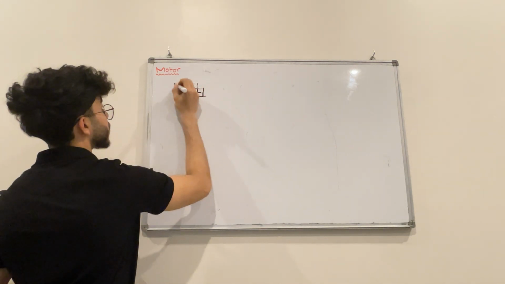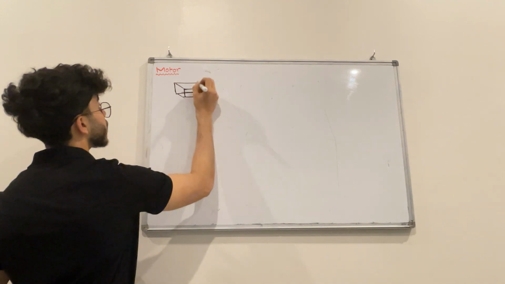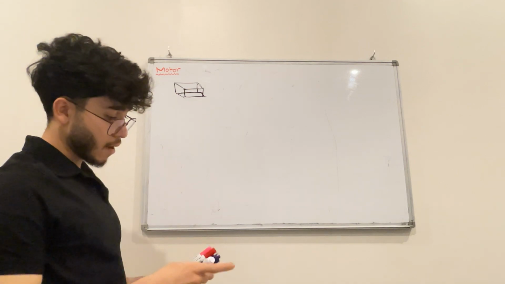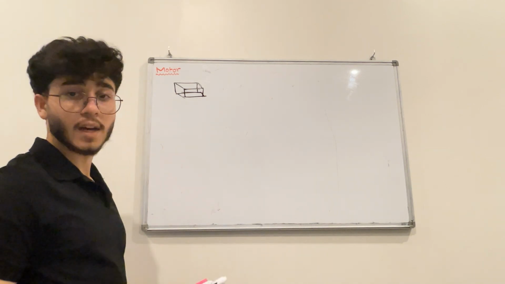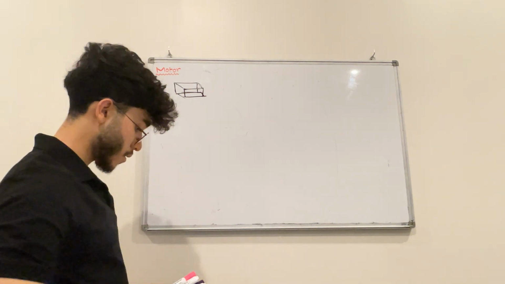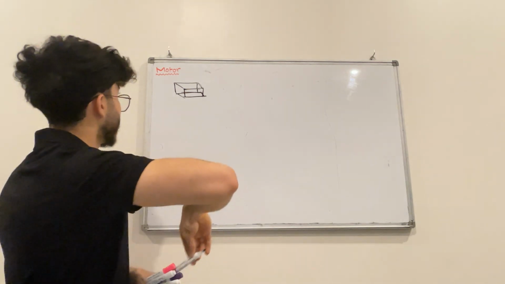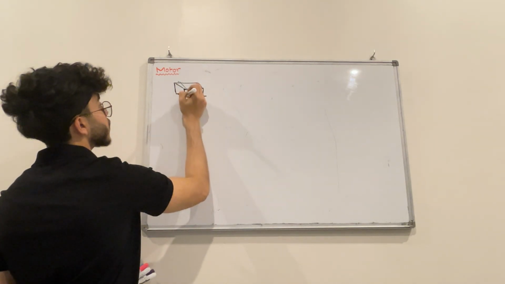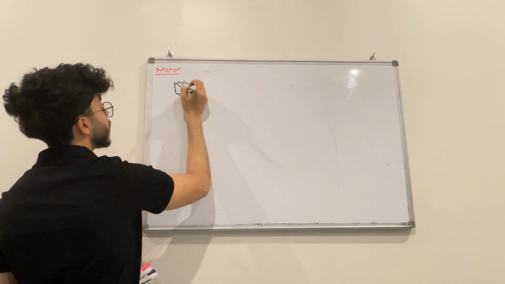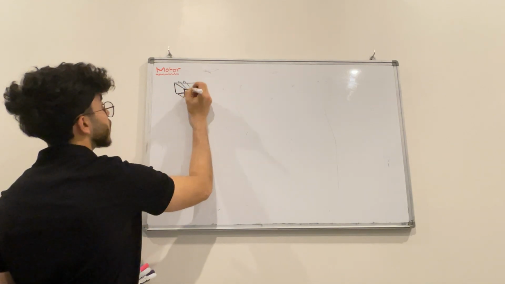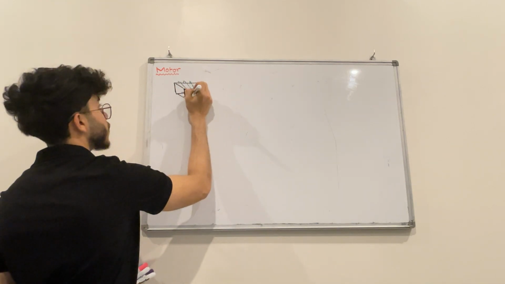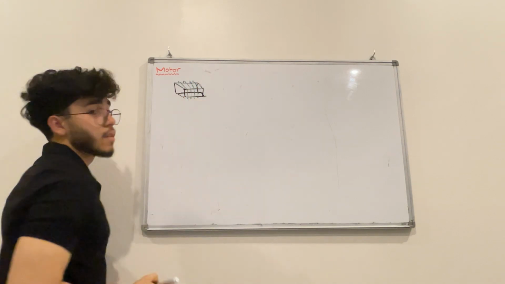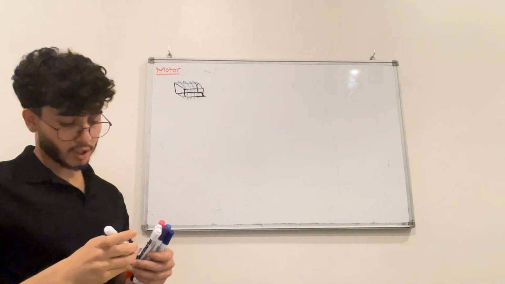On this 3D shape, we're going to have coils around it. One coil, another coil, another coil, another coil. These are all coils around the 3D shape.